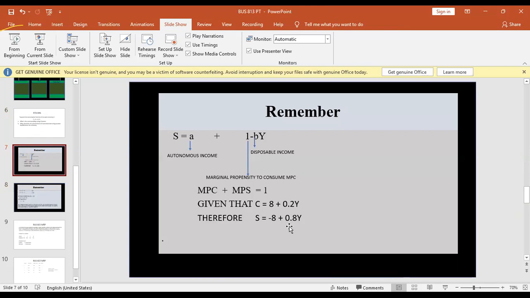Is that taken? 1 minus B, like you are saying here, B originally was 0.2. So 1 minus B, which is 1 minus 0.2, is 0.8. Okay, so it's still correct like that. Therefore, S equals minus 8 plus 0.8y. Yes, that's what I'm talking about.